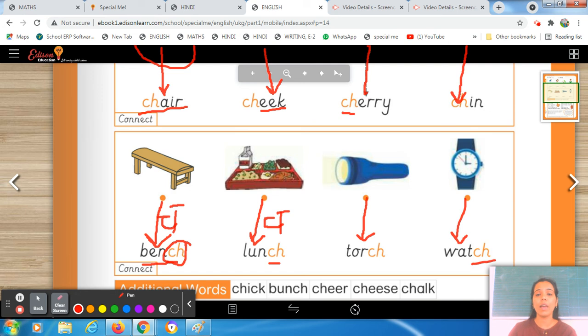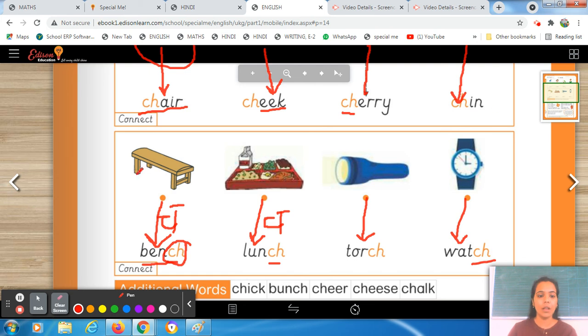So students, today I'll introduce you to which blend? CH blend. Whenever there is CH in any of your words, it will give you the sound ch. You have to keep it in your mind. When there is an SH blend, it will give you the sound sh, and if there is CH, it will give you the sound ch. Don't be confused between both blends. Both have different sounds.